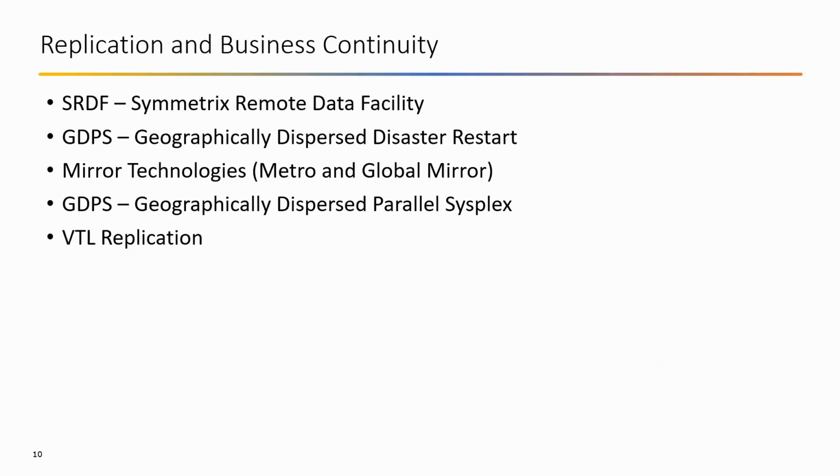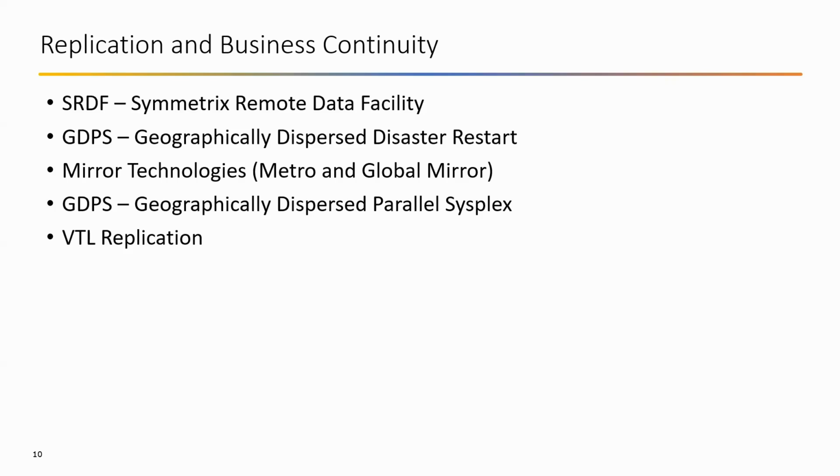The other evolution that was taking place was replication, right? And so disaster recovery kind of became more business continuity. And technologies such as SRDF, mirror technologies like Metro and Global Mirror. So Dell and IBM leading in here. I don't have any Hitachi examples here, but Hitachi has some similar technologies.